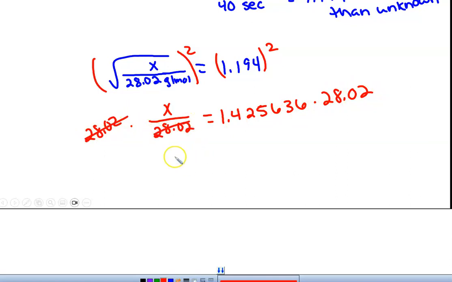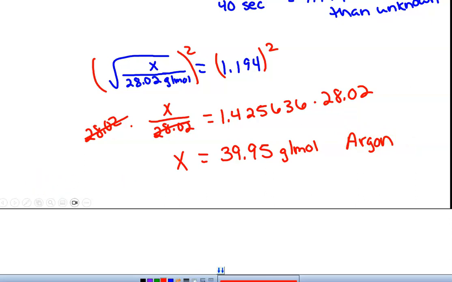That will cancel, and we'll go ahead and round to 2 significant digits there. And if I ask what is the identity of this, we could look on the periodic table. If I said this is an element, this would be grams per mole. And this element is actually argon, if we looked on the periodic table. All right, so that's that example.